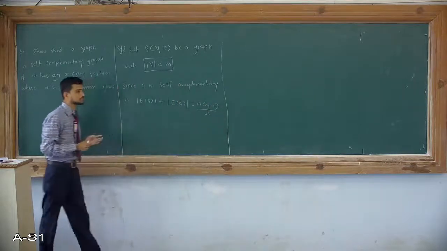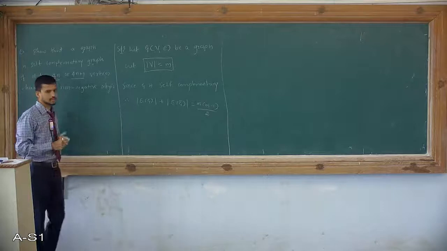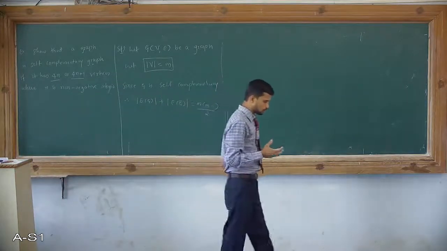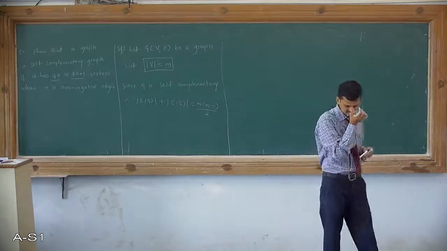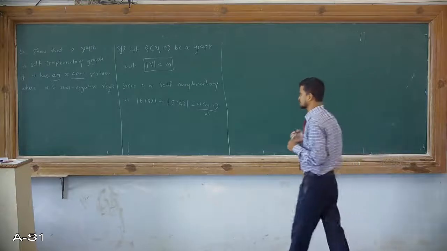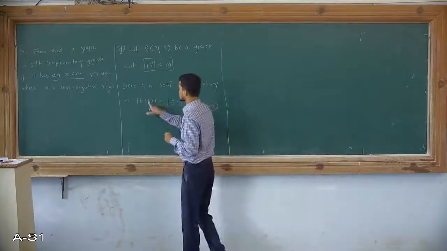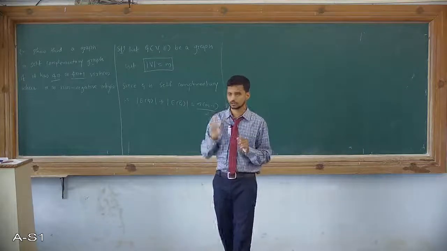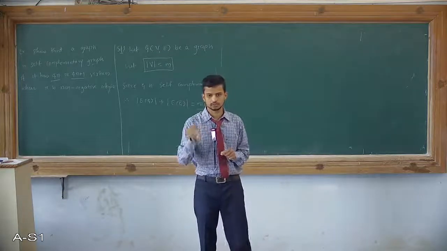So this is the total number of edges present in a graph. Now one important question is whether the number of edges in graph G and the number of edges in graph G bar are the same or not. In other words, are they equal or not? The answer to this question is yes.